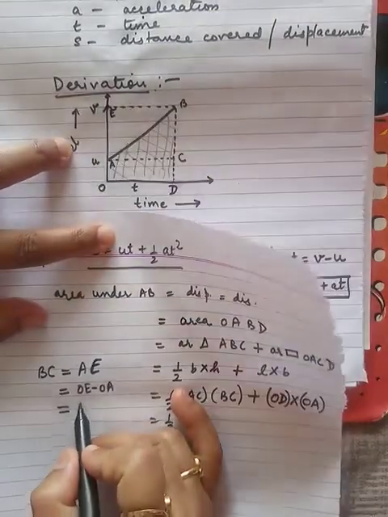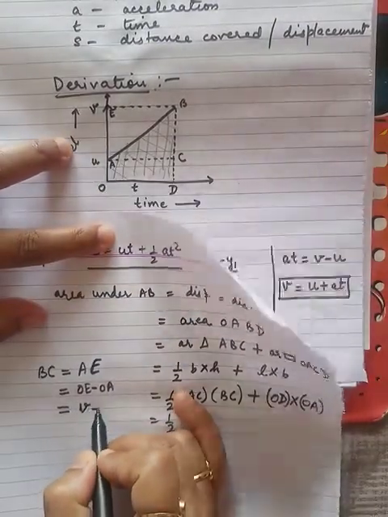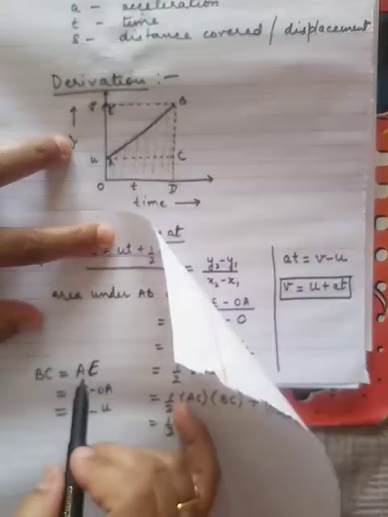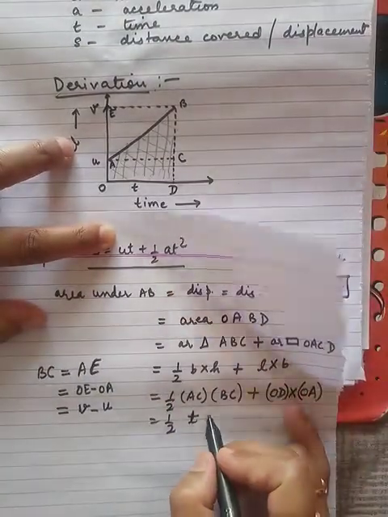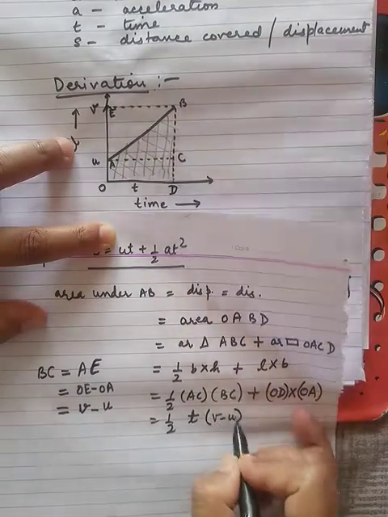And OE has value V, OA has value U. So in place of BC I am writing V minus U.